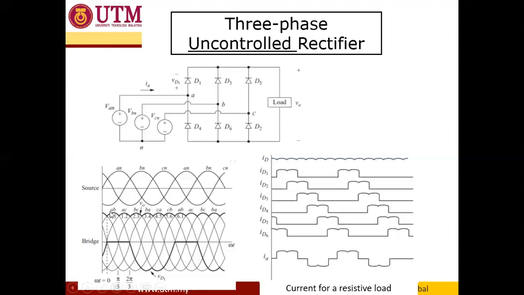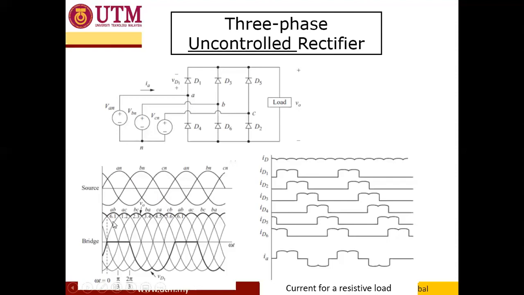So to know which diode in the upper group will turn on and which diode in the lower group will turn on, we look at the polarity of the source.